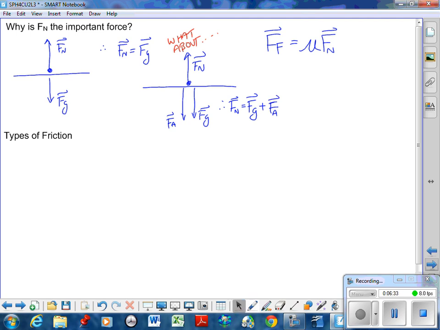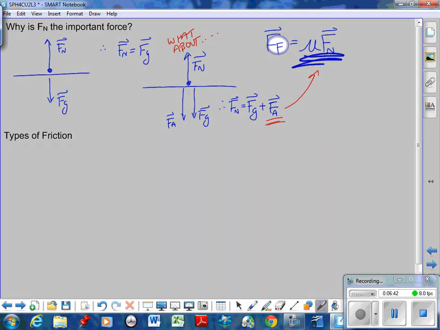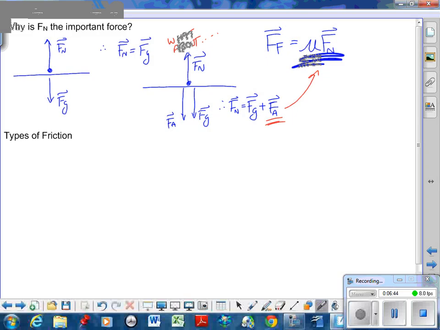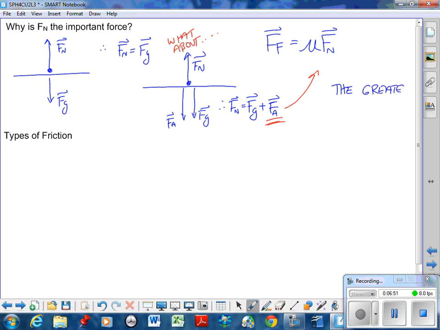Because of this, the normal force is increased. If the normal force increases, then in this formula, the result will be a bigger force due to friction. Okay? So the greater the normal force, the greater the friction.